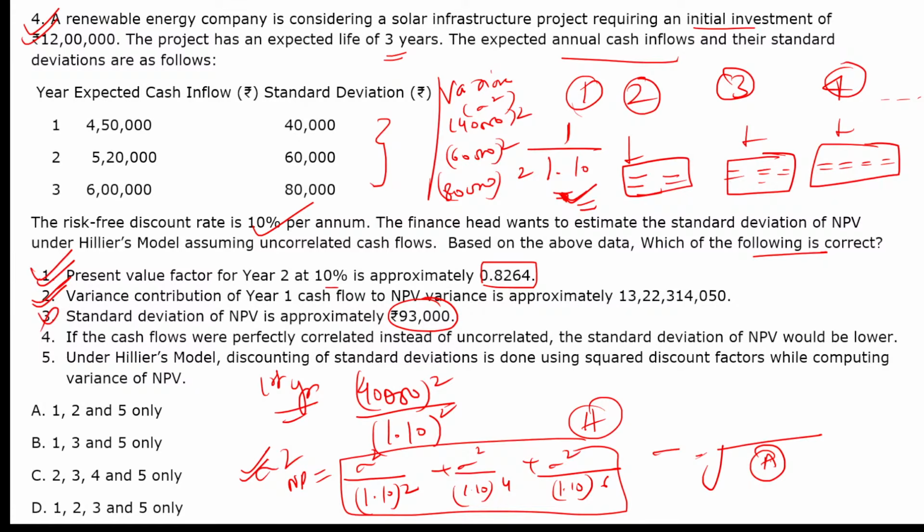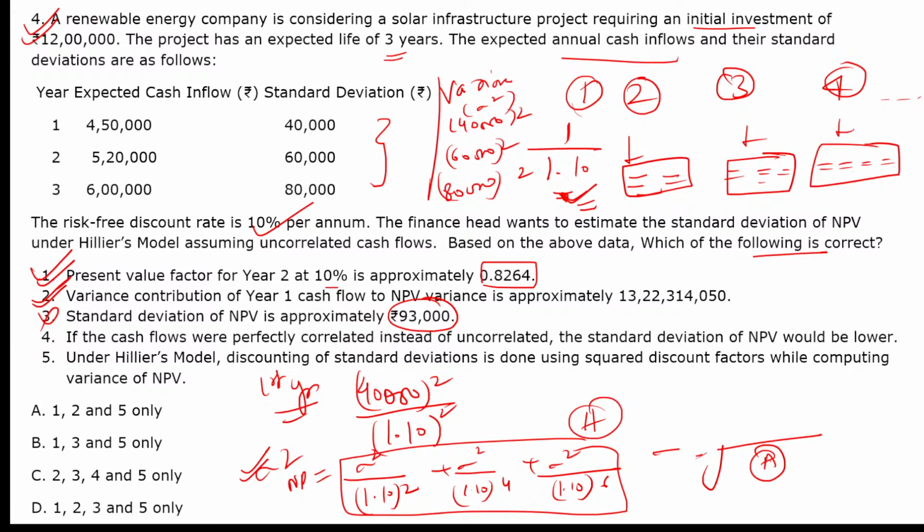Always understand the discounting factor has to be squared for Hiller's model. For Hiller's model, the discount exponent will be 2t and not t. The formula has 2 power t.